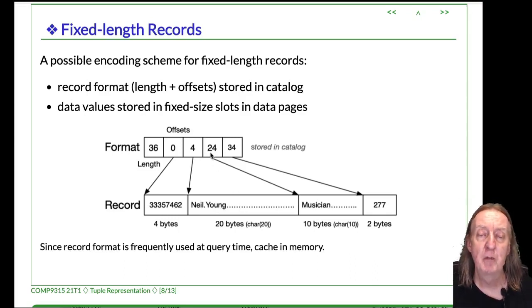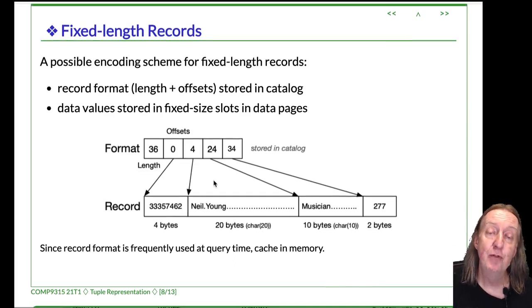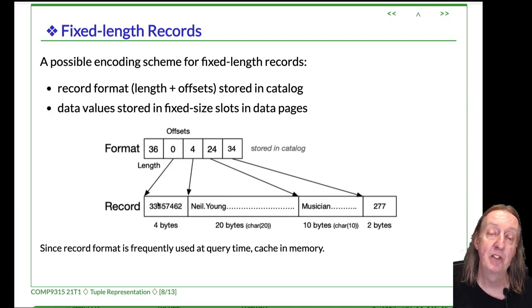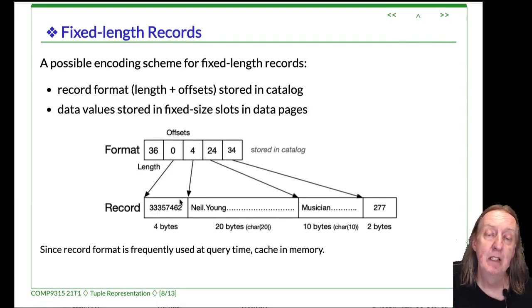So the kind of information that we need to extract the attribute values is we need to know where the attribute starts. This first attribute starts at offset 0 within the byte string that contains the tuple data. So we can go and look at the first 4 bytes here.